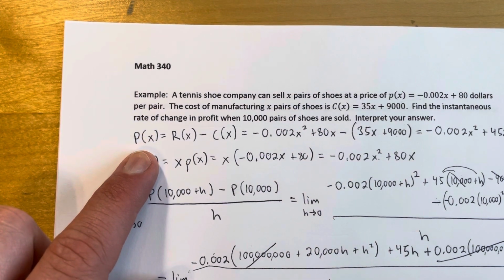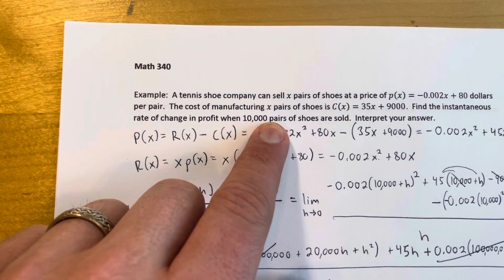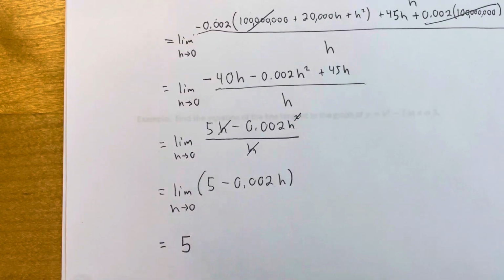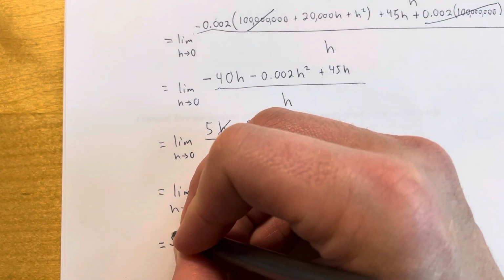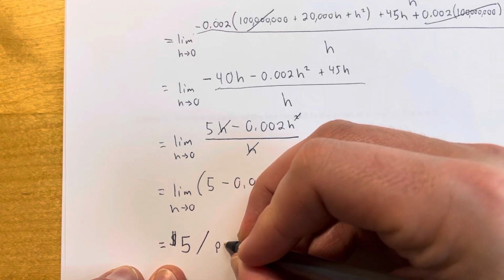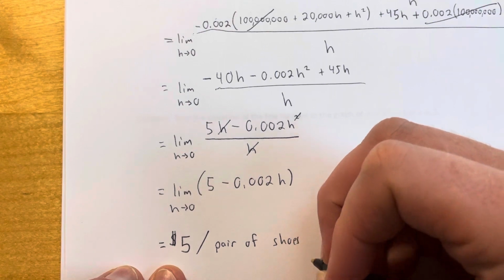The output units are dollars, because profit is measured in dollars. The input units are pairs of shoes, because that's what X represents, how many pairs of shoes were sold. So the rate of change is going to be $5 per pair of shoes.